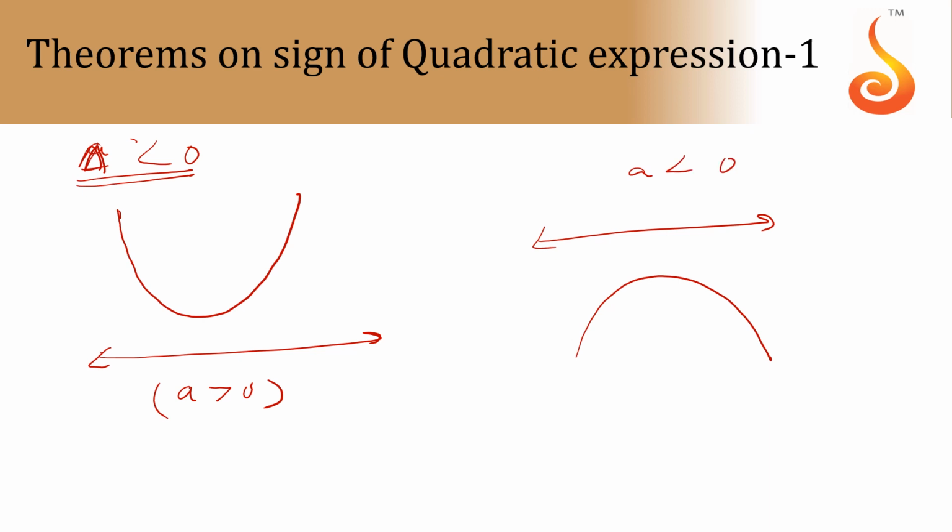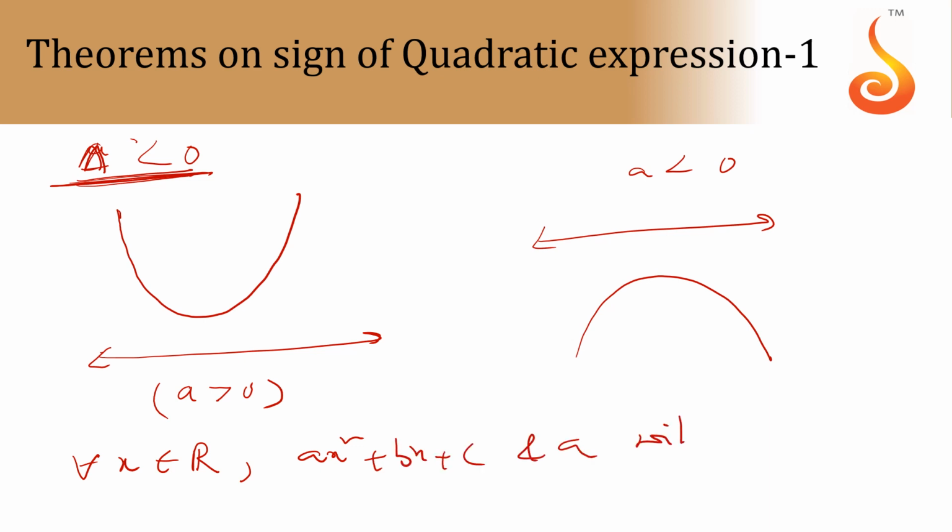Now what you can say here: when the discriminant is less than 0, for all x belongs to R, ax square plus bx plus c and a will have the same sign. Observe carefully. When the discriminant is less than 0, it should not have any root, that's why it should not meet the x-axis. But when a is greater than 0, the parabola should be upward, so it is completely above the x-axis. Above the x-axis means the expression value is always positive. So when a is positive, the expression value is positive. Similarly, when a is negative, the expression value is negative.